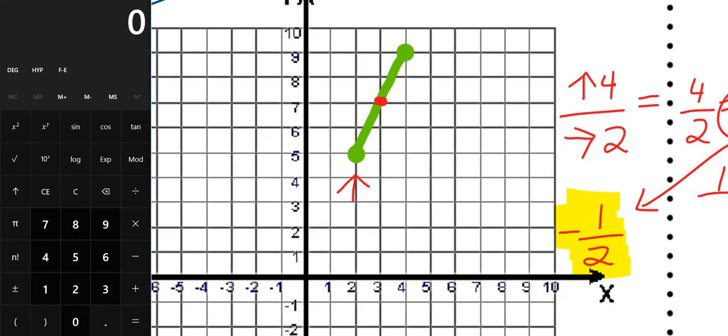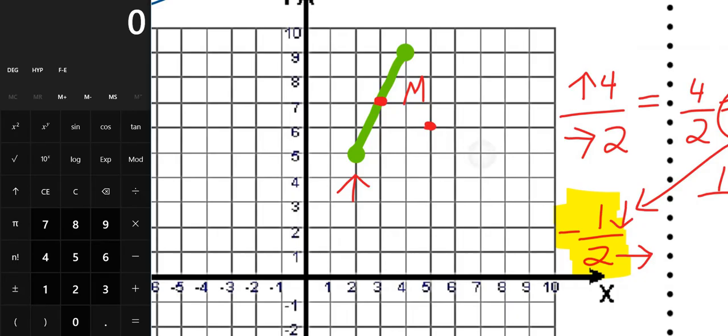Okay, so I'm going to use the concept of slope to figure out where my points should be. Right now I have this midpoint, which I know is on my line. I'm going to use negative 1/2 to figure out where the other point should be. So negative 1/2 means I go down 1 if I put the negative in the numerator, and I go right 2. So down 1, right 2, I'm going to put a point.